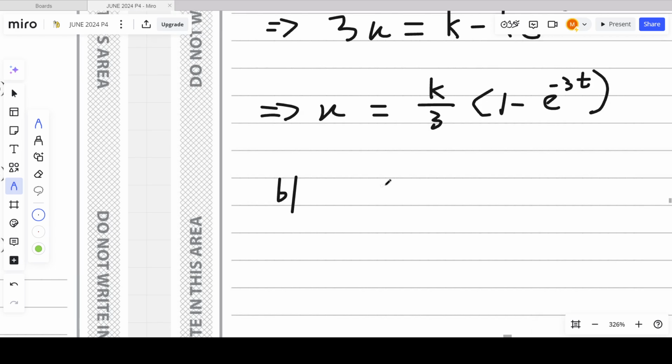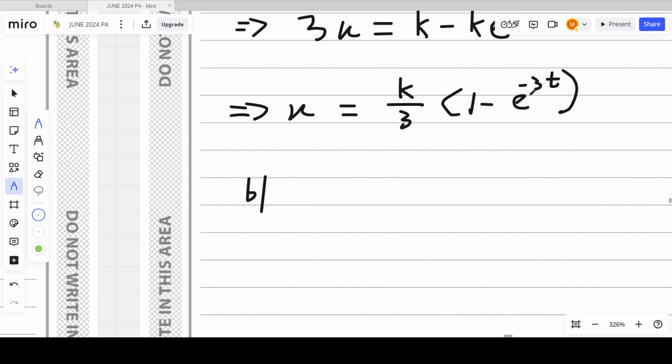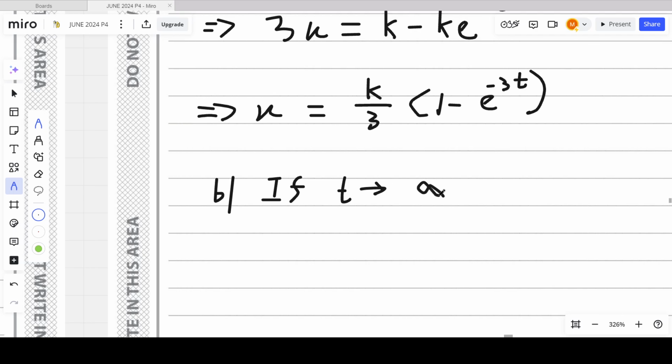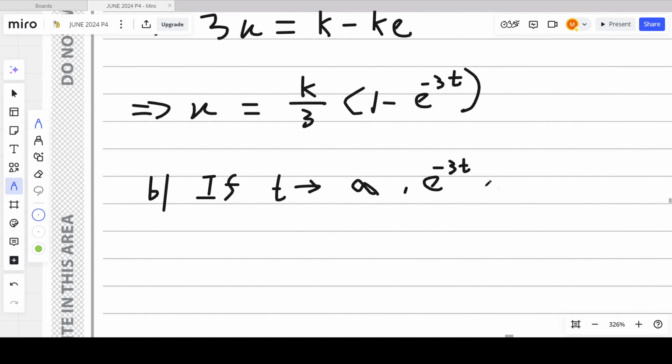If t tends to infinity, you will see that e to the power -3t, for the long term t tends to infinity, so e to the power -3t will be equal to 0.